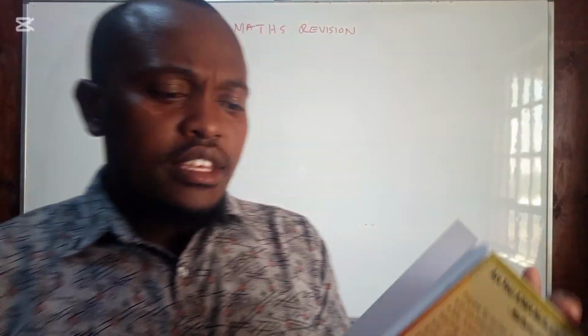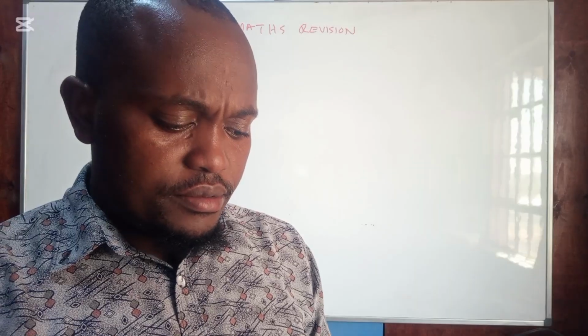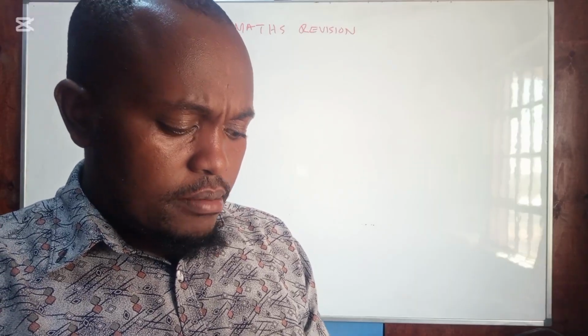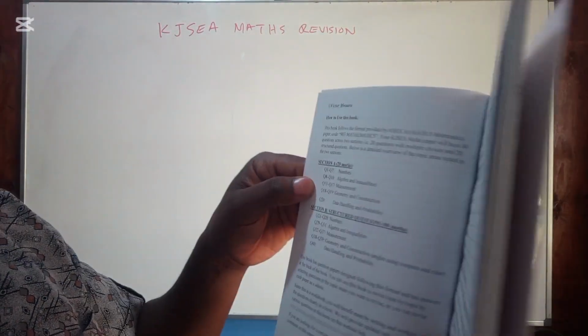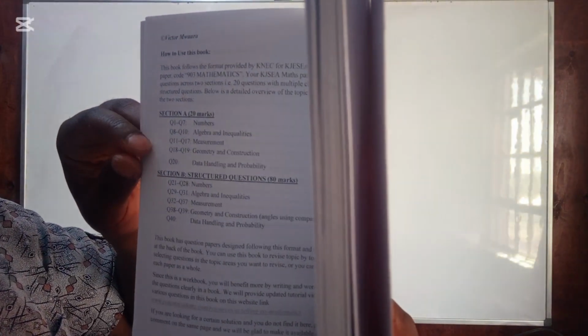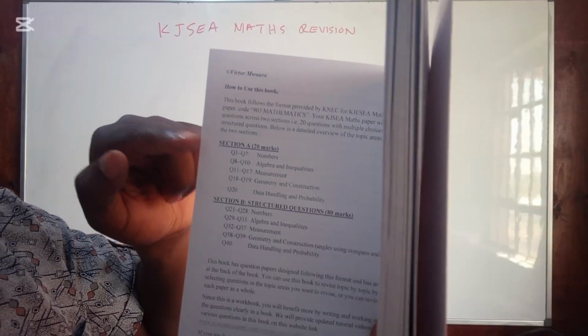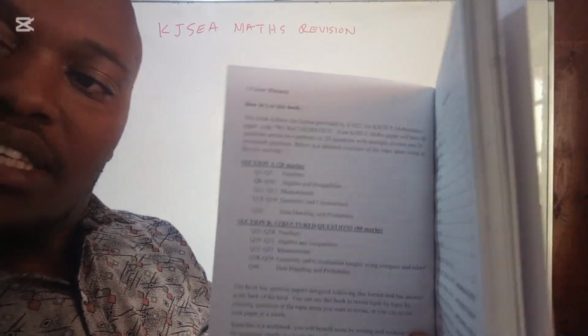Do you see this page, this section, Roman 4, page Roman 4 in my book? What I have said, you can read everything here. This part says the section, question 1 to 7, covers numbers.